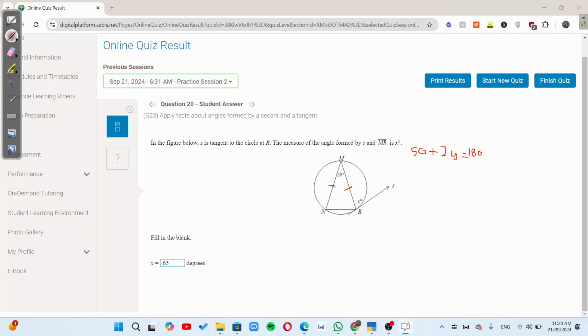So you know that y, you could find it easily, equals 65. And again, here you have a 65, and here you have a 65.